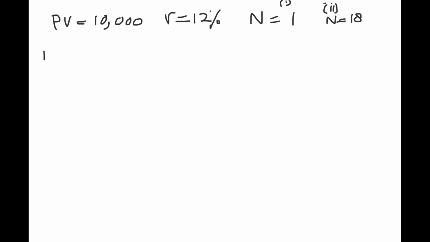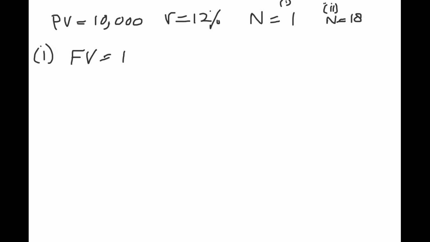We will firstly calculate if N is 1. If N is 1, you're calculating the interest for 1 year. So what will happen? You have to use the normal formula.